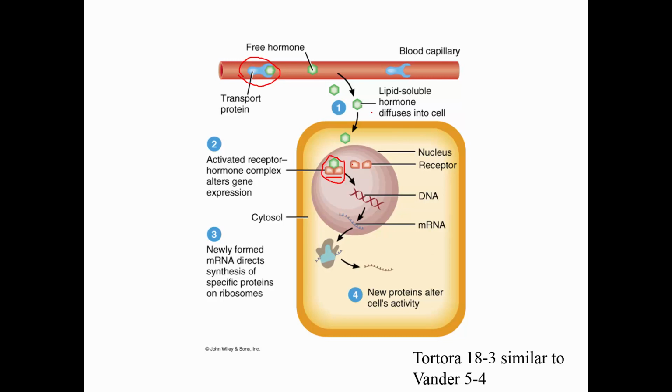This is how cortisol works. This is how aldosterone works. There is some evidence that steroid hormones can have plasma membrane receptors. We don't know a lot about that. But typically we associate steroid hormones with gene expression and a process that takes quite a while to see the effects of.